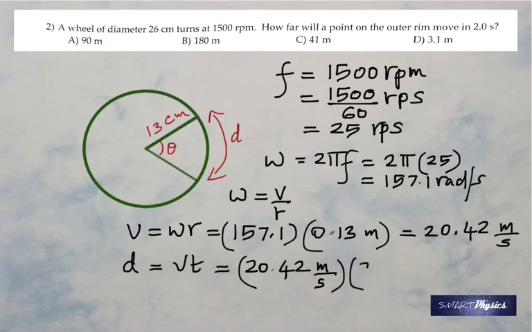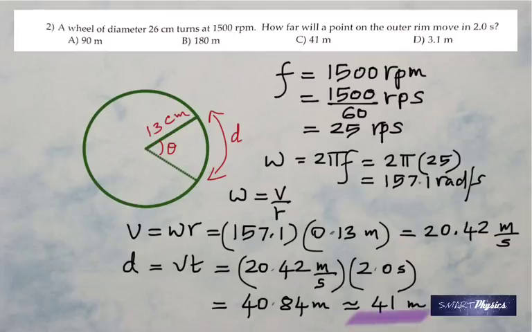So 20.42 multiplied by 2, because you're asked to find the distance in 2 seconds, and you get approximately 41 meter.